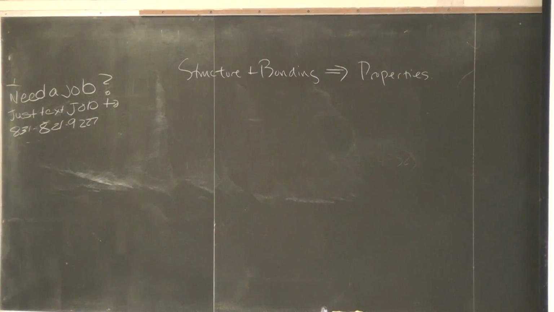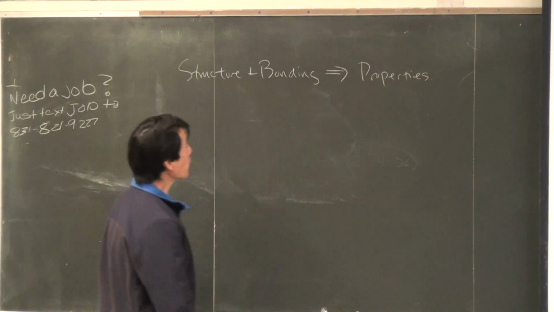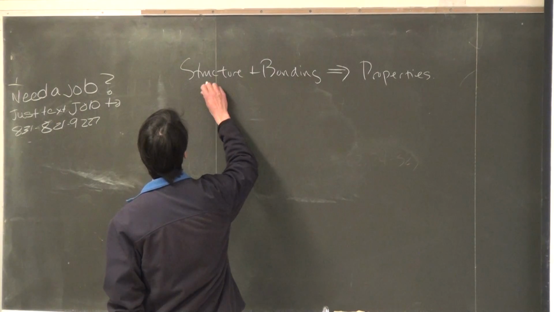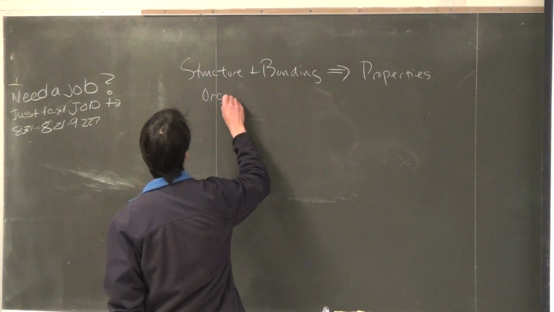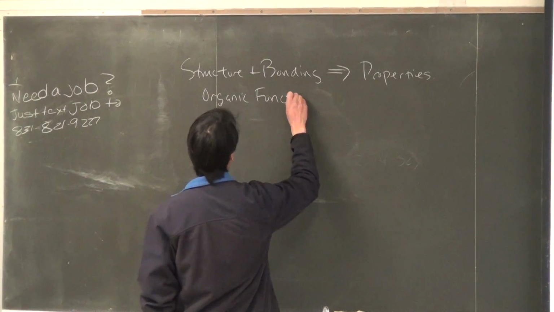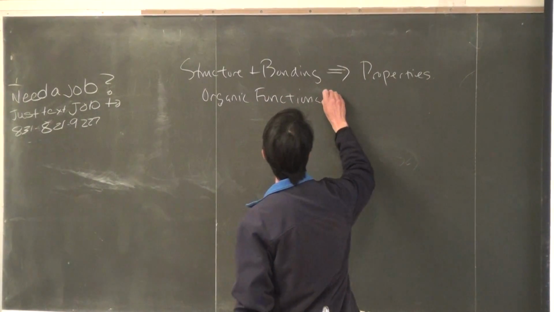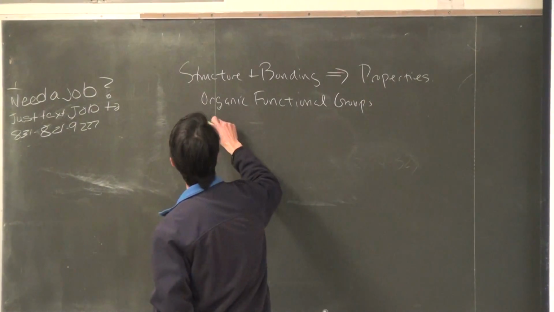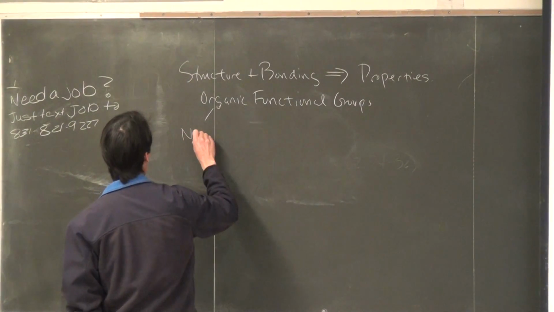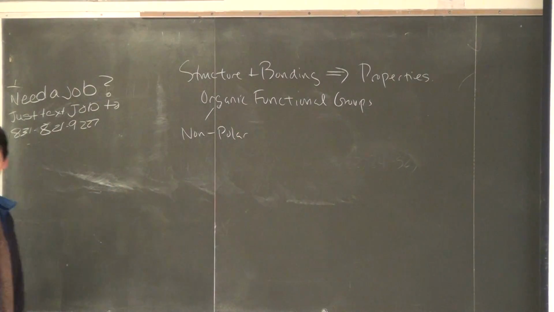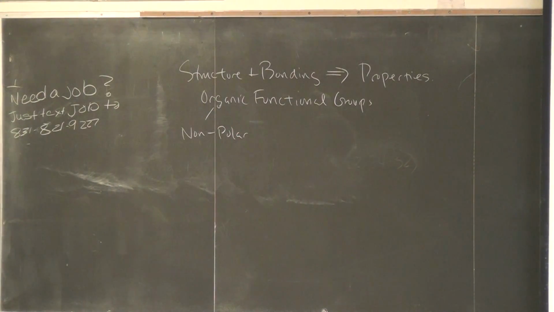So for example, we know that there are some functional groups which are non-polar. I'm doing this backwards of how we introduced this way back at the beginning of the semester.